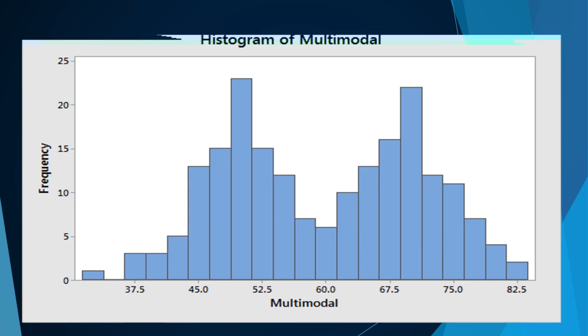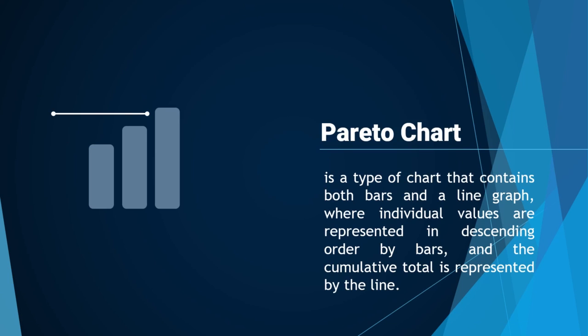Then comes the third one, Pareto analysis. It's a bar chart that shows which factors are more significant. It can be termed as a bar and line chart that graphically summarizes a group of data.